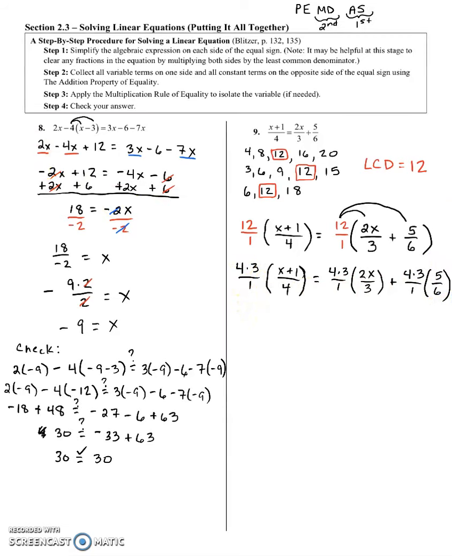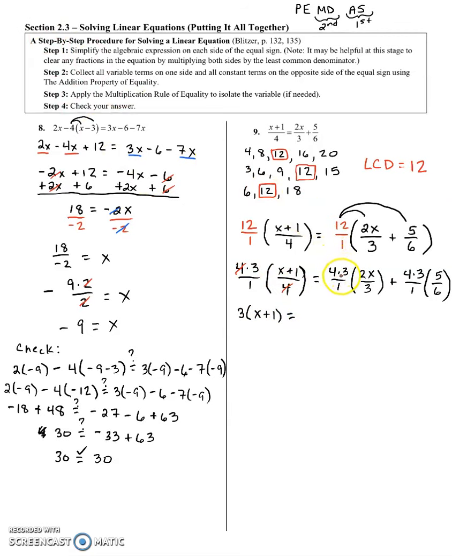So, what happens? Well, on the left-hand side, we have a 4 in the numerator that can cancel with a 4 in the denominator. So that leaves us with 3 times x plus 1 over 1, which we don't have to write.